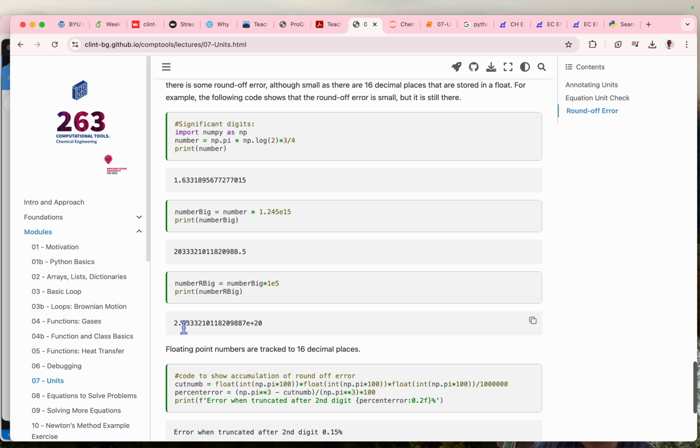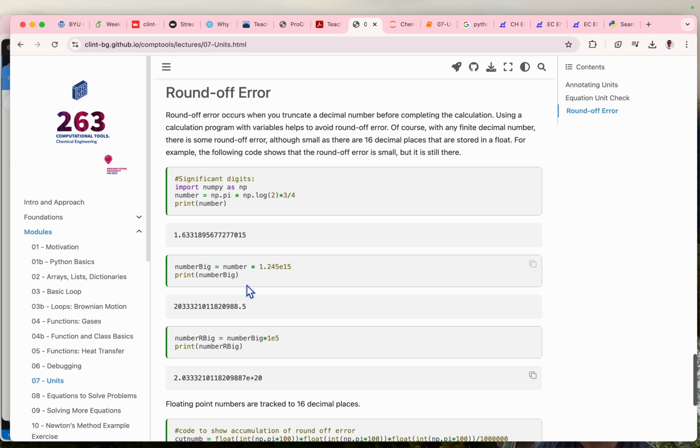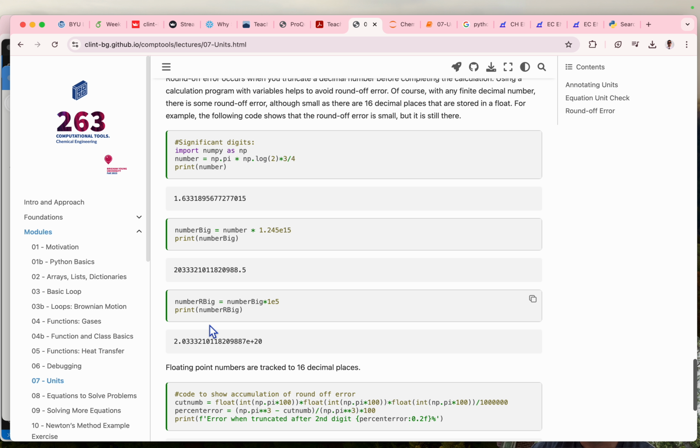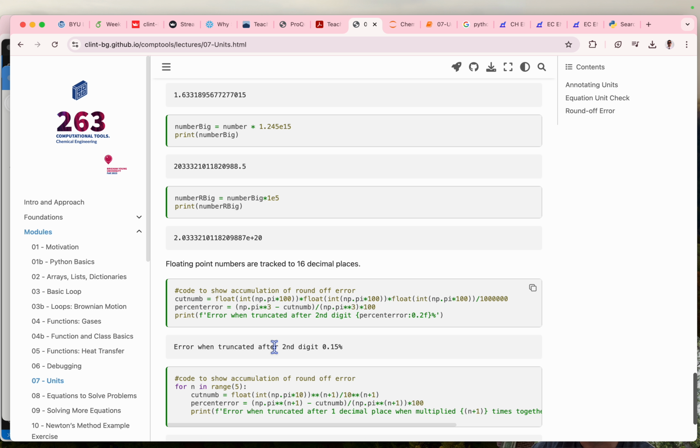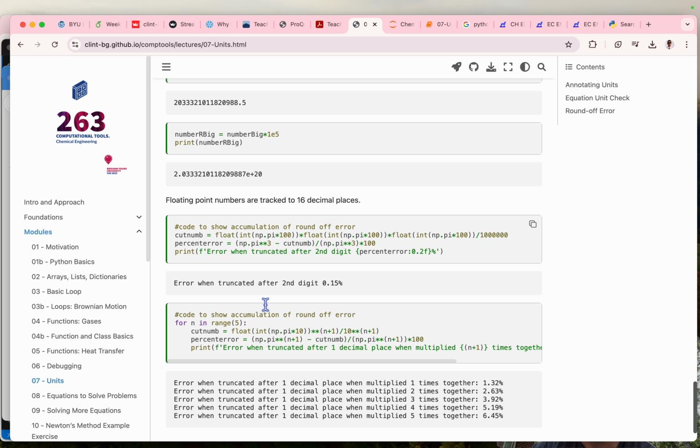Sometimes truncate this because it's a pain to type in all 16 digits. And so that's the benefit of using Python, is you retain all of that information and limit your round off error using Python, and you can maintain this level of data integrity throughout your program.